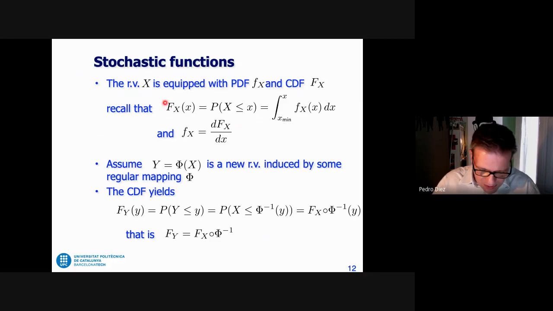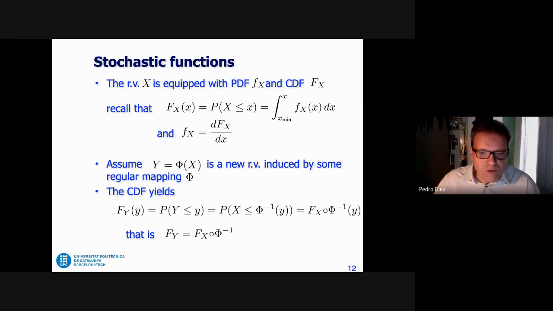Recall that the cumulative distribution function is the probability for the random variable capital X to be lower than any value small x, or the integral of the density function from the lowest possible value x min to the actual x. In this definition is implicit the fact that capital F is the integral of small f, and vice versa, that the PDF is the derivative of the cumulative distribution function.